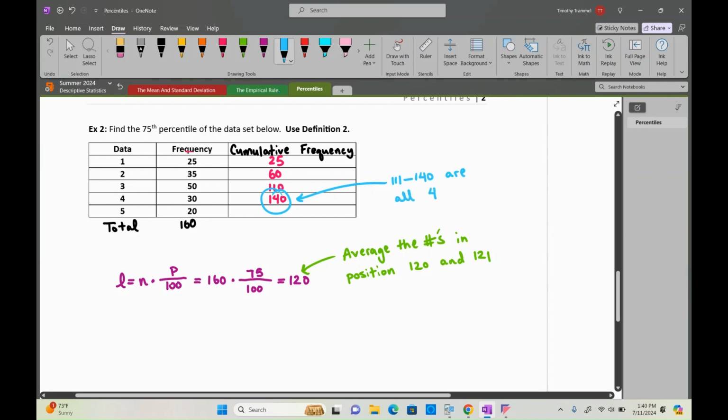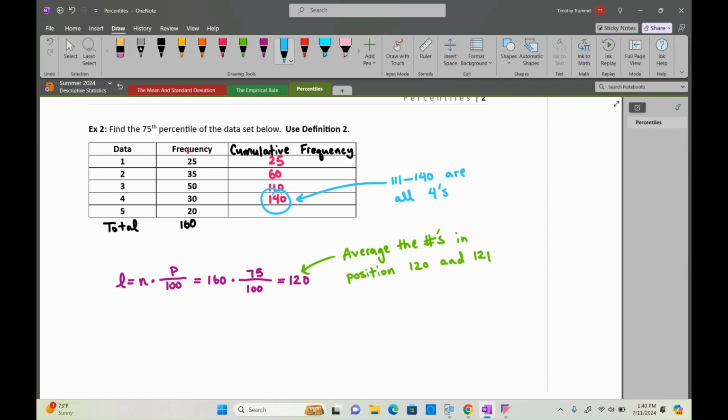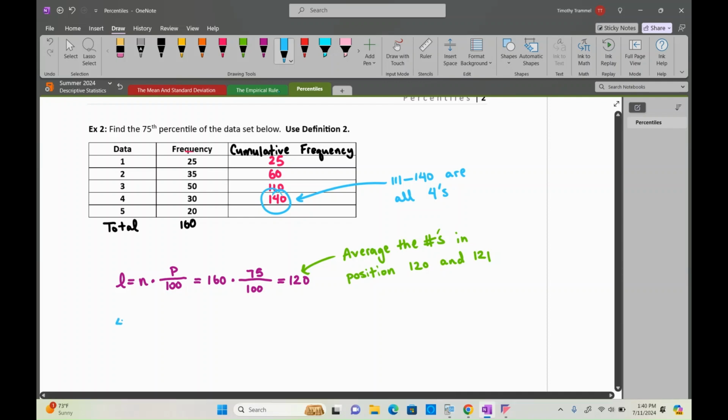All fours. So if we were to actually average the 120th and 121st number, they're both going to be fours. So I guess I could write that in here that we're going to do 4 plus 4, because we're averaging two fours, and we're going to get 4. And so this right here is our answer. This is the 75th percentile.